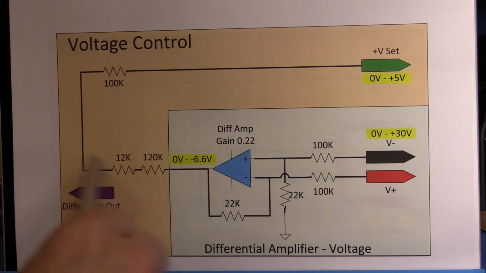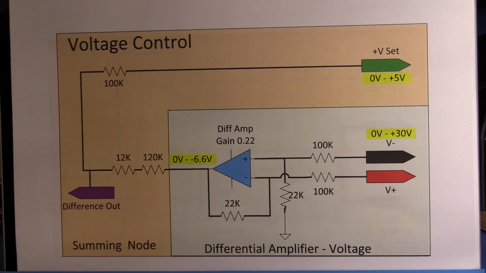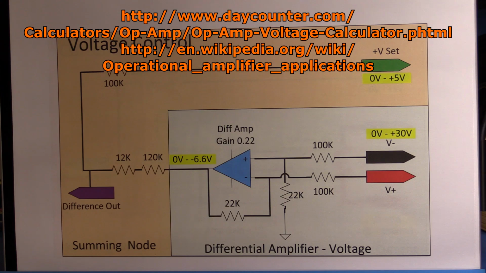If you do the math with this little simple divider network, you'll end up with 0 volts coming out of here. So that's what we're going to do for the voltage control. It's all very simple, and I will inject a little bit of going through the math into the video as well. So let me just bring up the website that has this calculator on and just basically show you.